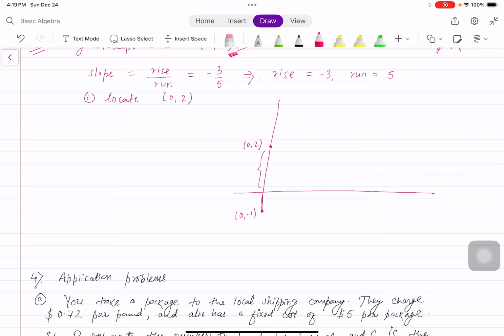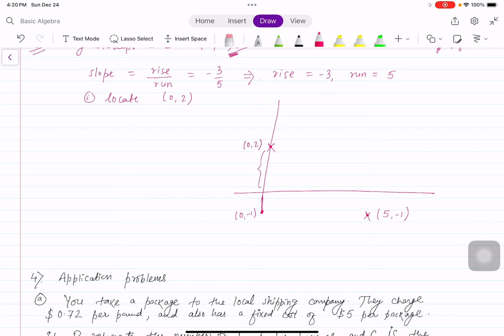But this is only rise. Now run is along the x-axis. So 1, 2, 3, 4, 5, right? So along the x-axis, 5, -1. So these are the 2 points, point number 1 and 2, that lie on this line.